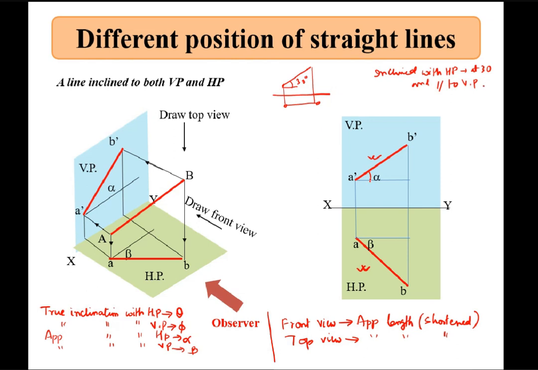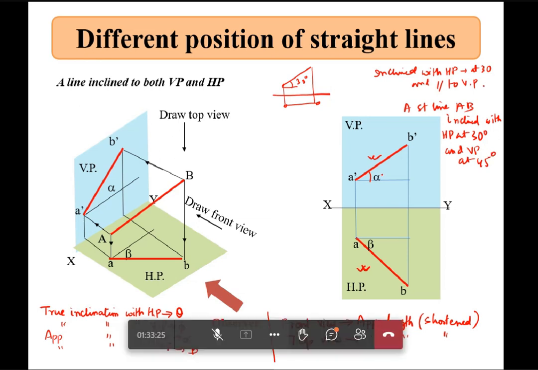But here you will see, after I explain the concept to you, that this A dash B dash, the inclination that you get with reference plane XY line, that is not the true inclination. Say if I say that a straight line AB is inclined with HP at 30 degree and VP at 45 degree, right?